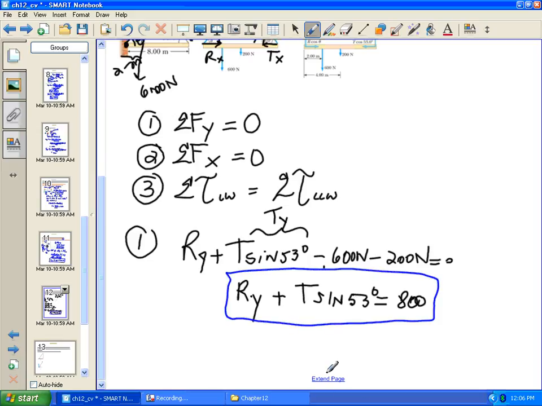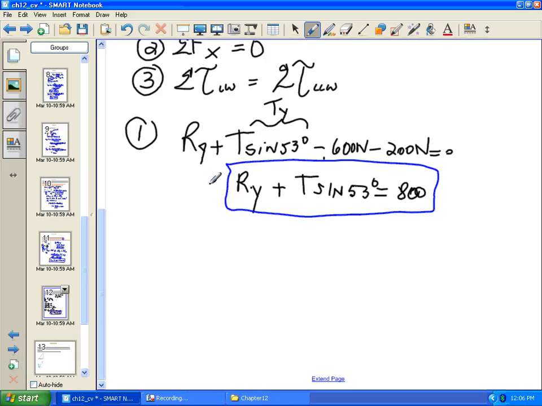Okay, so there's our first equation. And this equation contains all three unknowns: T, R, and the sine of theta, in other words, theta.